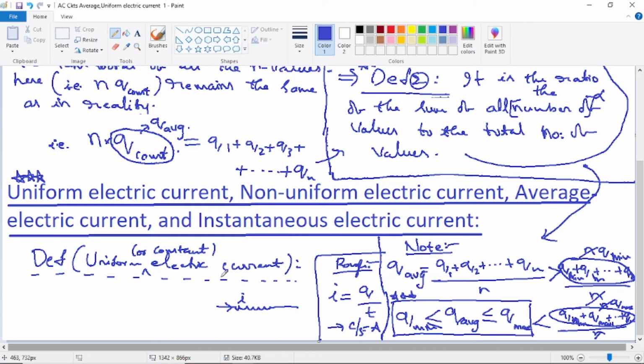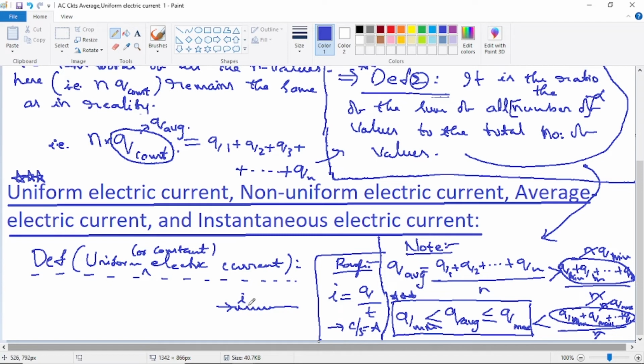Now, what is uniform electric current? From the name itself it's clear. Whatever we are seeing here is simple; nowhere is there any complication. The meaning of uniform or constant electric current is that, as time passes, the strength of the current should always remain the same.